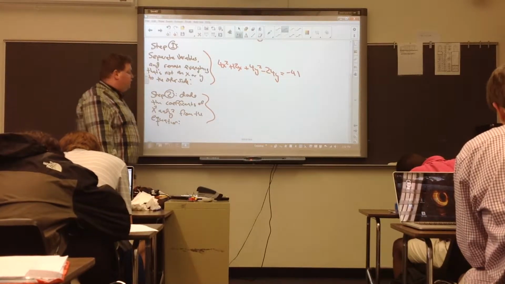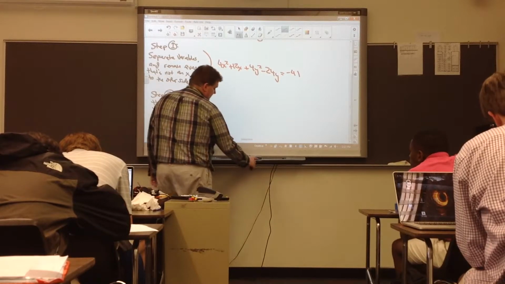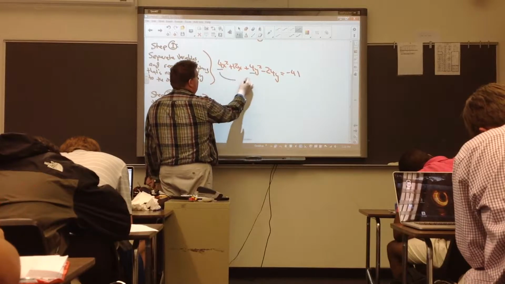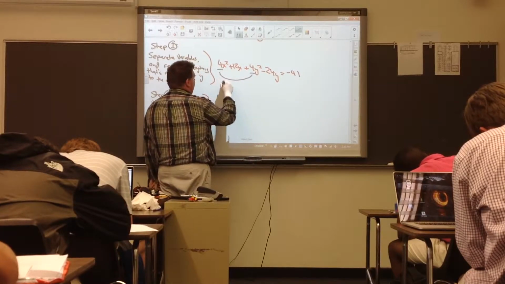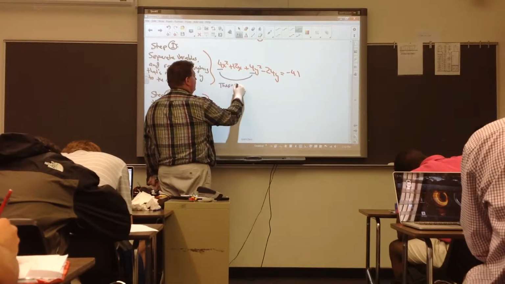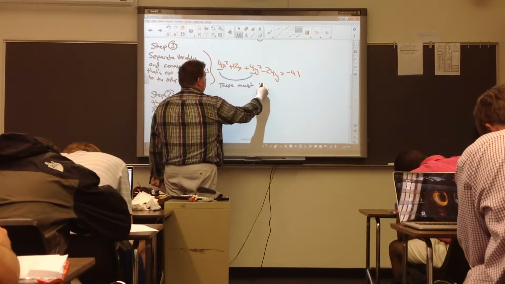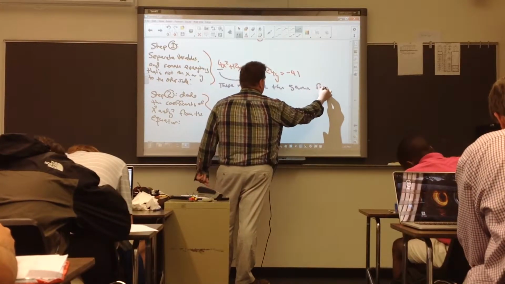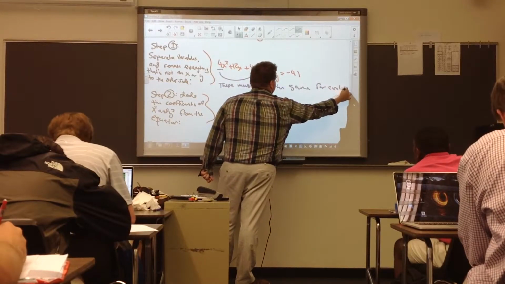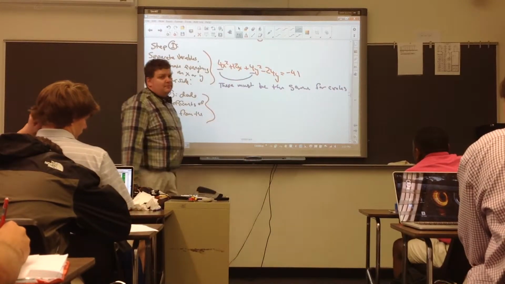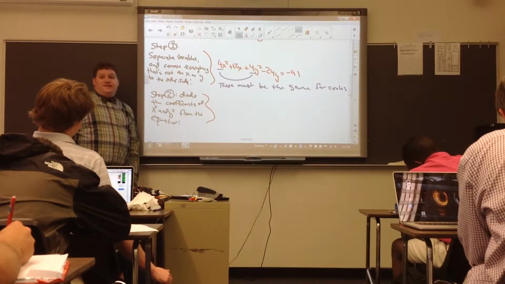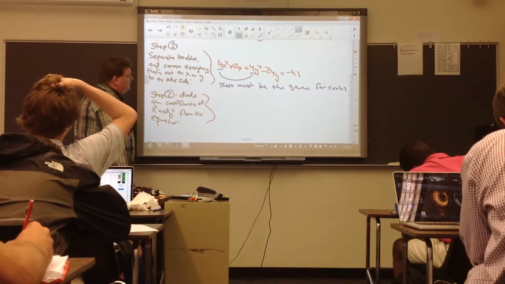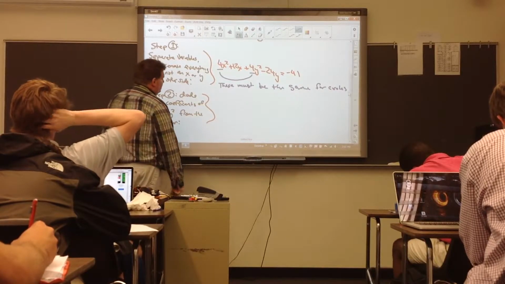Okay? For circles, the coefficients of x² and y² must be the same. If they're not the same, what do you think I'll have instead? What's called an ellipse, okay? So those have to be the same for circles. They are in this case, so I'm going to divide them away.